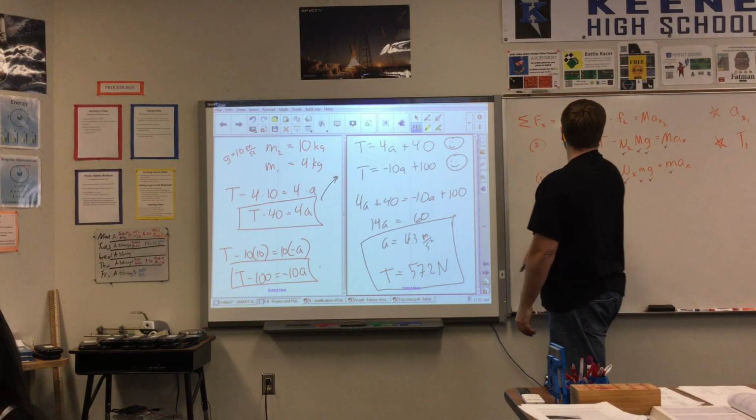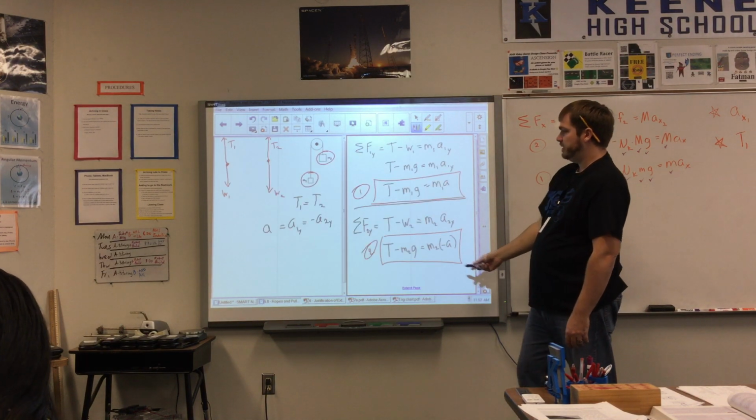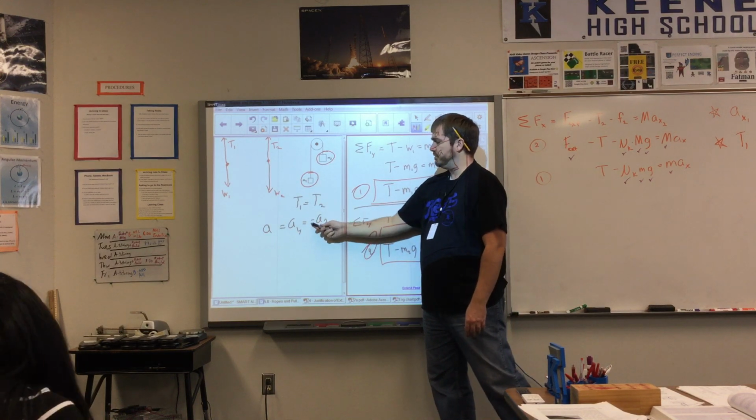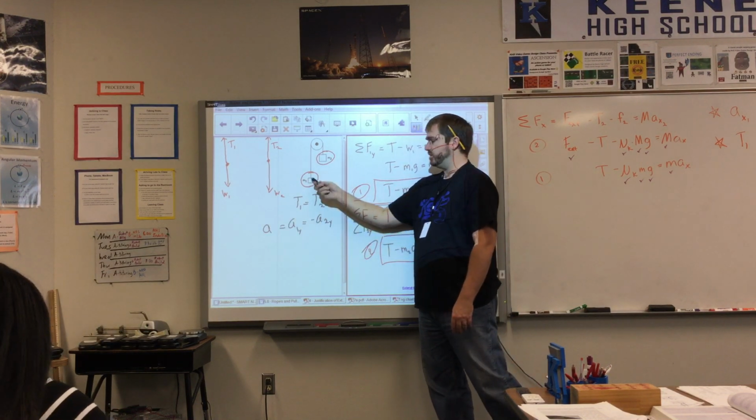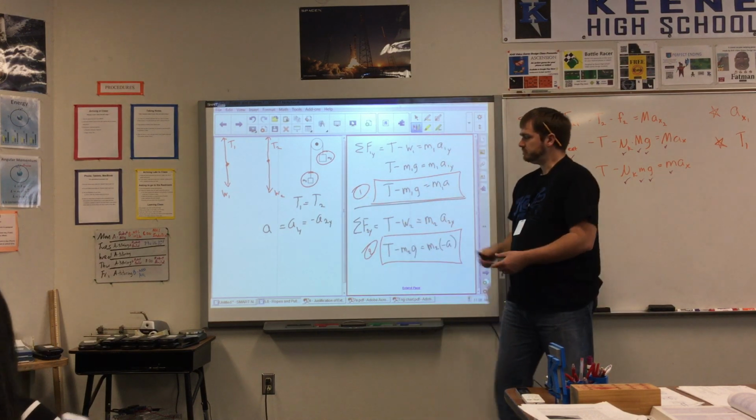And we already said earlier, I think it was over here, that the acceleration of object 2 is negative the acceleration of object 1. That's why it's going down. Does that make sense?